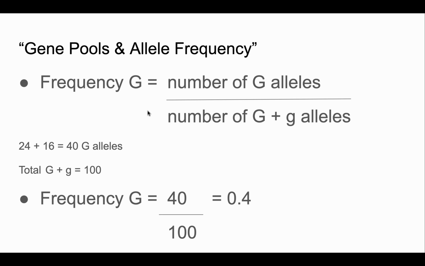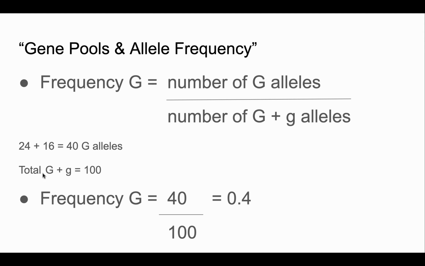Remember, we're going to first figure out the frequency of big G. That's the number of big G alleles, and we have to do some adding because we need to take the homozygous big G's and add the big G's from the heterozygous group to get our total of big G. So 24 plus 16 is 40. So the number on the top, our numerator, is going to be 40.